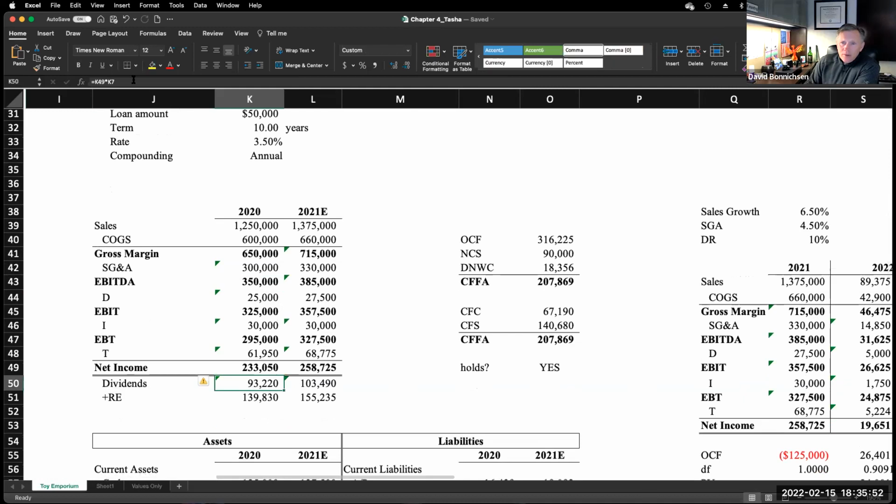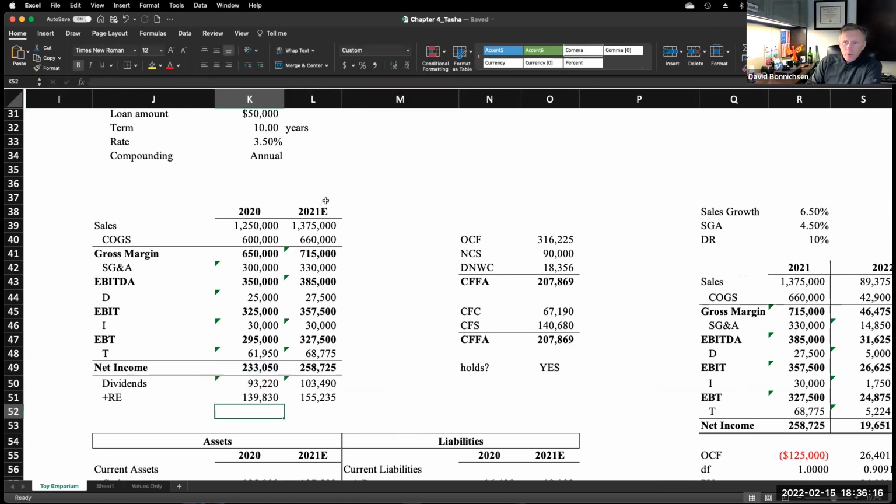So we take 40%, our payout ratio, multiply that times our net income, and we get the amount that we pay out to our shareholders in the form of dividends. And whatever's left over, net income minus dividends, is what we kept for ourselves for 2020, from our operations.